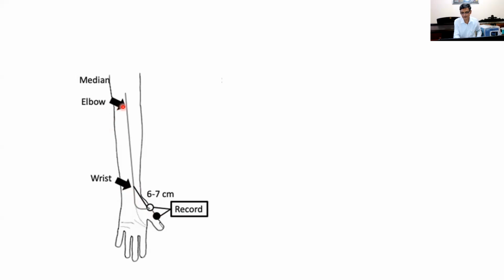From the elbow, maybe 3 more milliseconds are added, because it has to travel from here to here, and then it takes the usual time from here to here. Keep that in memory, and I will show a few more diagrams which show more or less the same thing.